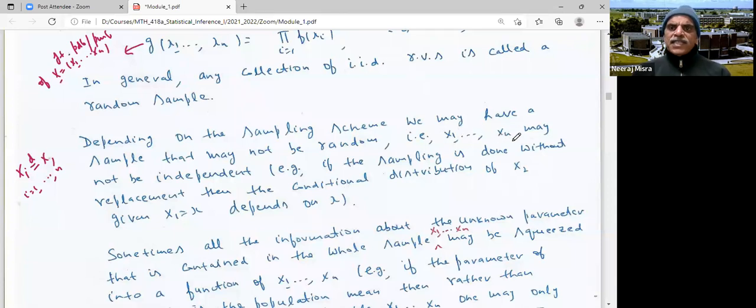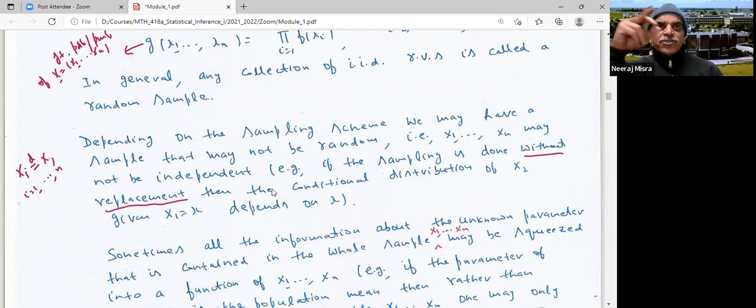So one situation where x1, x2, xn may not be independent is, for example, when you're doing sampling without replacement. In sampling without replacement, the unit drawn on the second occasion depends on what unit was drawn on the first occasion. That means if x1 represents the value of the numerical characteristic drawn in the first sample, and x2 is the value drawn on the second sample, then certainly x2 is going to depend on x1 if your sampling is without replacement.